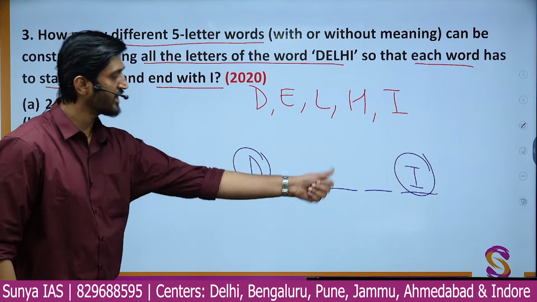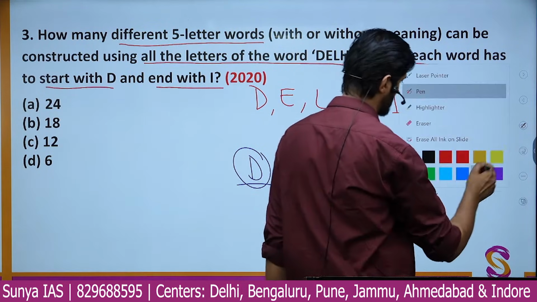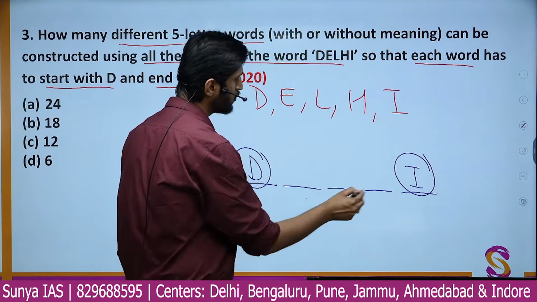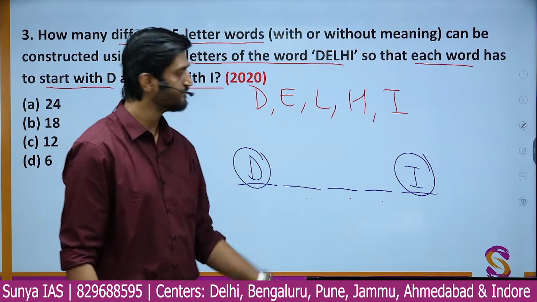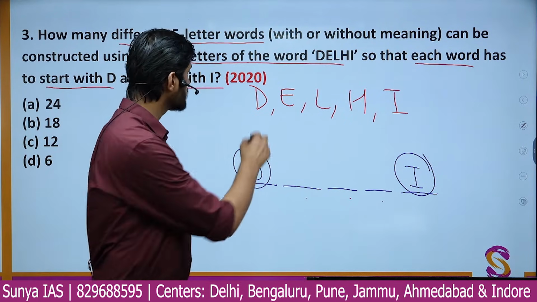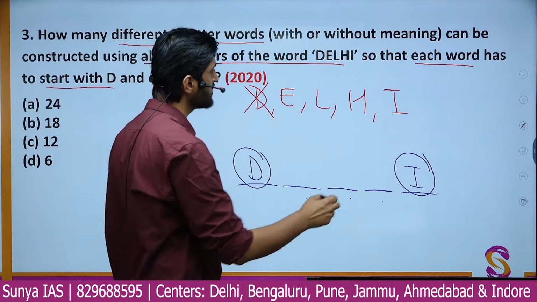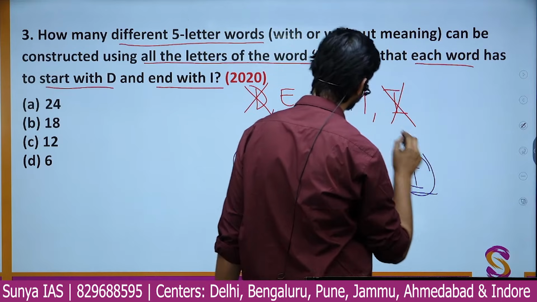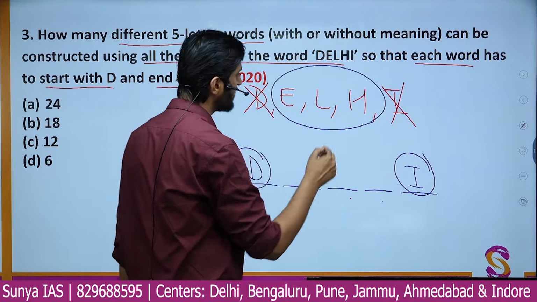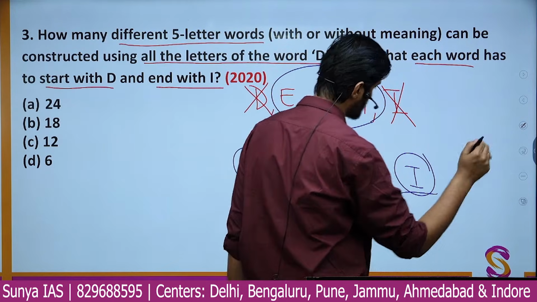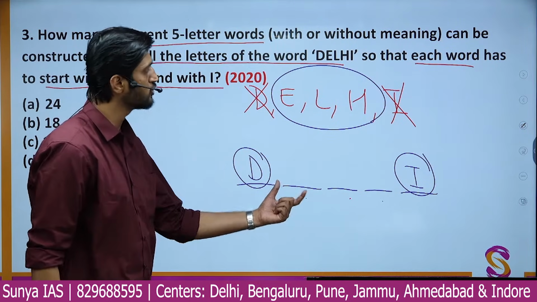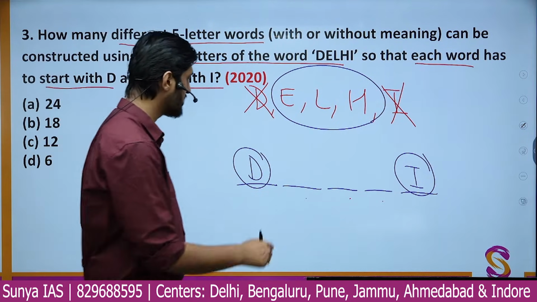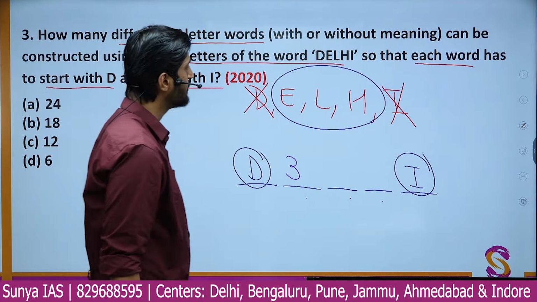How many letters are left in between? We have 1, 2 and 3. 3 letters are left in between. Okay. So we have chosen D already and we have chosen I already. We have only 3 more letters to choose from, which are simply E, L and H. So at this first position we can choose any one from the 3. So we have 3 choices overall. Suppose we choose one of them.